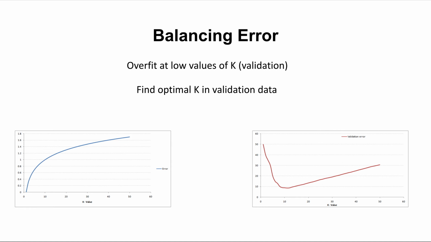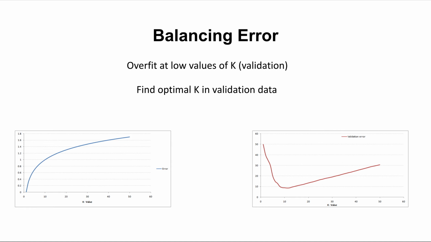And there you go. So in other words, what I'm trying to get you to understand is that looking at just simply the error for training is not enough, right? I think it obviously is common sense that as you increase the number of Ks in your training data, it will make sense that the error will also increase, right? But then for validation error data, you want to find the optimal K in that data. Because validation error is really the real world performance of your classifier, of your K nearest neighbors classifier, right?